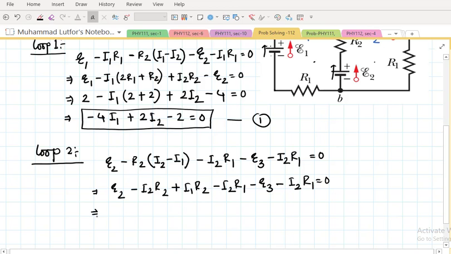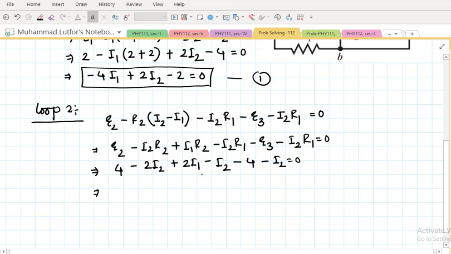If you plug in the numerical values of E2, R1 and R2, you will find that it would be 4 minus 2 I2 plus 2 I1, R1 is 1, so I2, minus E3 which is the 4 volt, minus I2 equal to 0.